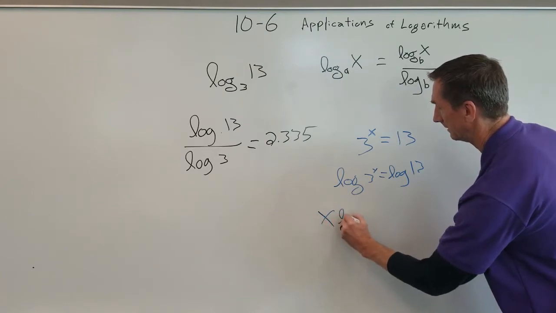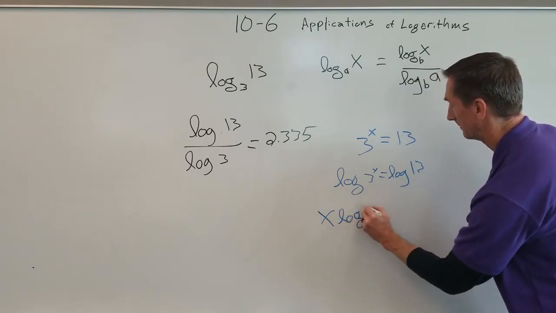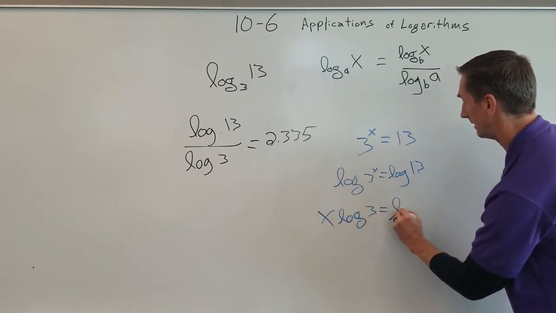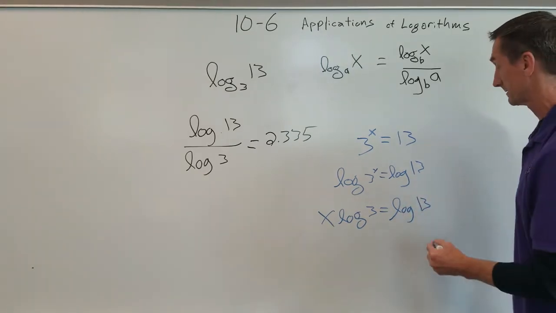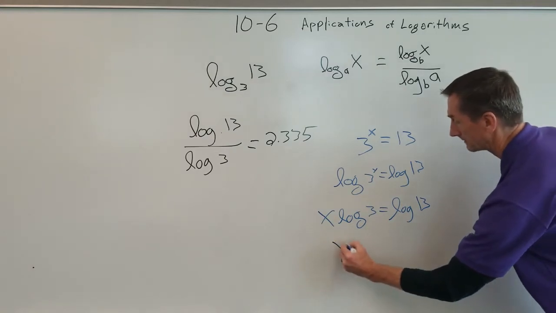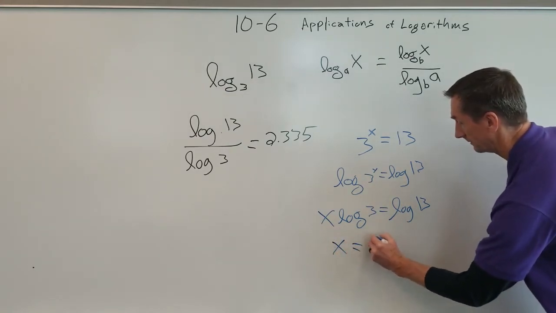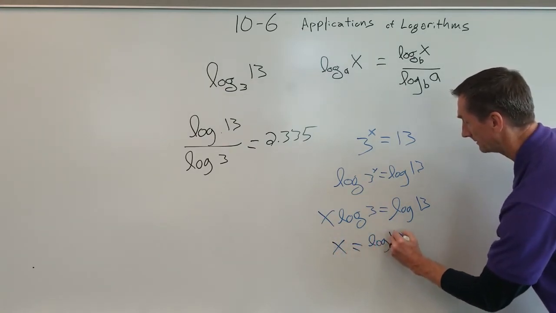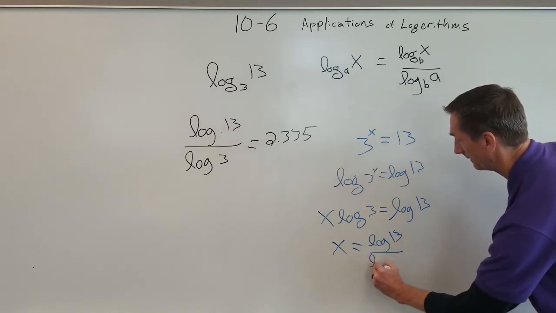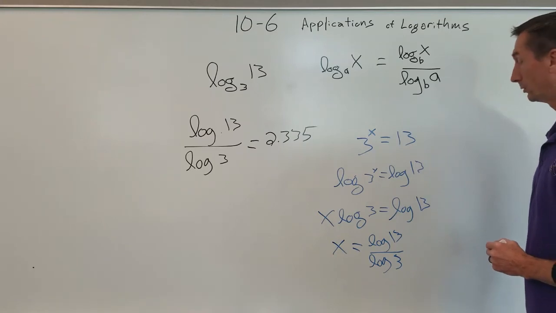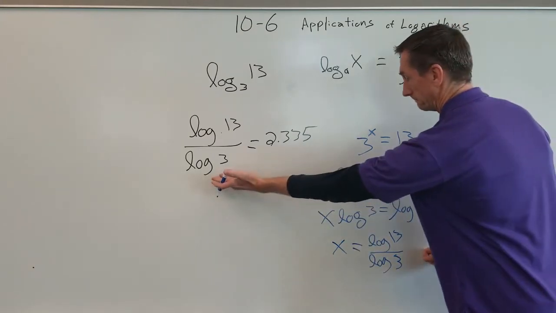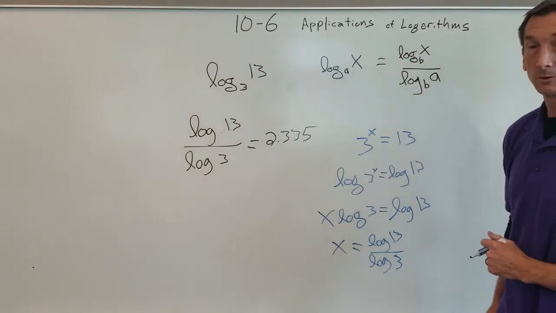I can rewrite that, of course, as x log 3 equals log 13. Solving for x gives me x equals log 13 divided by log 3. Oh, look, same quotient.